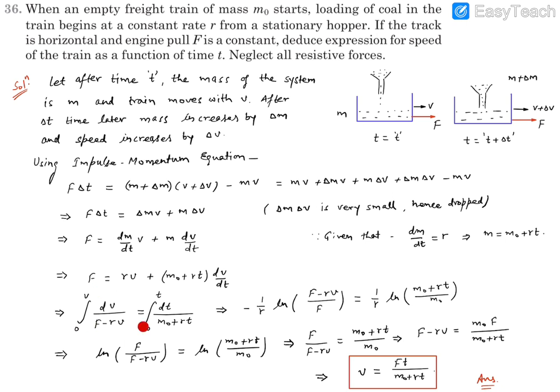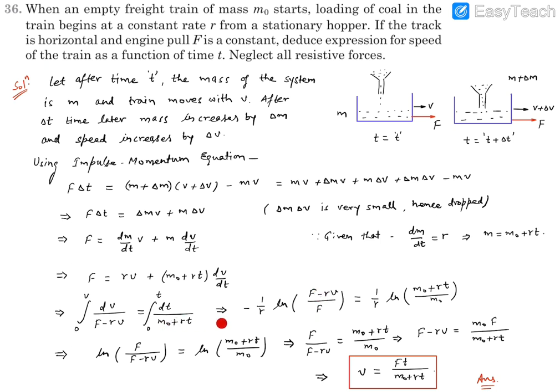Then I have integrated both sides from initial velocity 0 to any velocity v, for initial time 0 to any time t. The left side will have integration as ln(F minus rv) divided by minus r, that is the coefficient of v, with limits from 0 to v. I have placed the limits quickly. Using the ln m minus ln n formula, they will be divided.